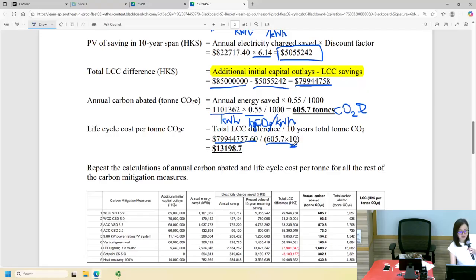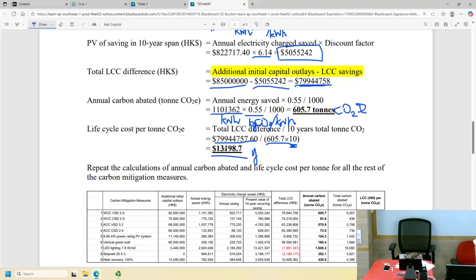So multiply by 10, because this is the total cost in 10 years. So we divide it by the total carbon dioxide reduction in 10 years. Then this would be the charge, or the cost, for every ton of carbon dioxide reduction. And this would be the y-axis value, right? This is the y-axis value.